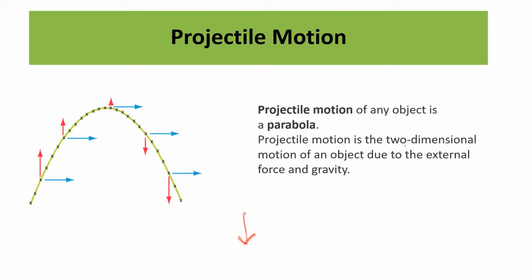This is the direction for the g. When a ball is thrown upwards, the vertical velocity component is shown here. When it reaches the maximum height, this vertical velocity component becomes 0 because g is acting in the opposite direction. And then when the ball starts falling down from this maximum height position, this velocity increases.